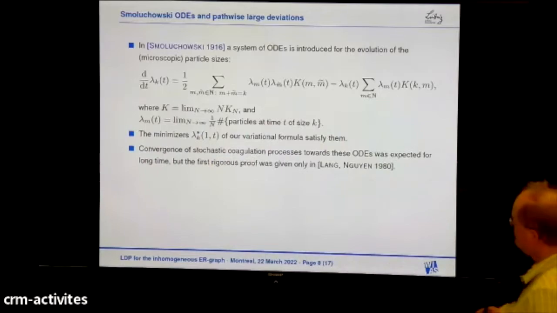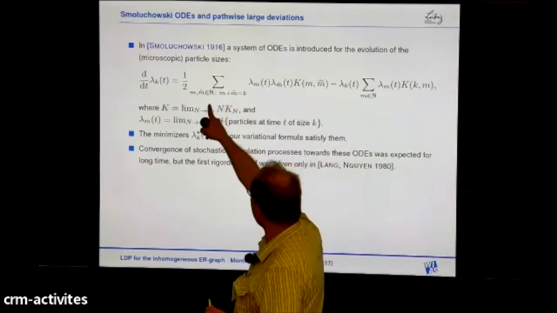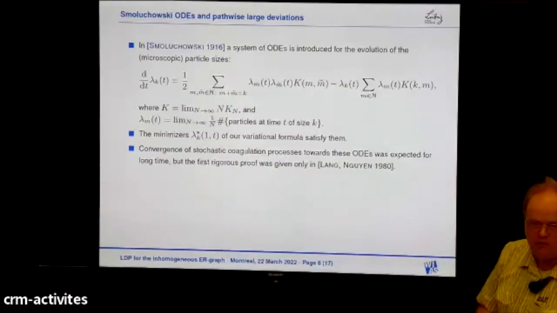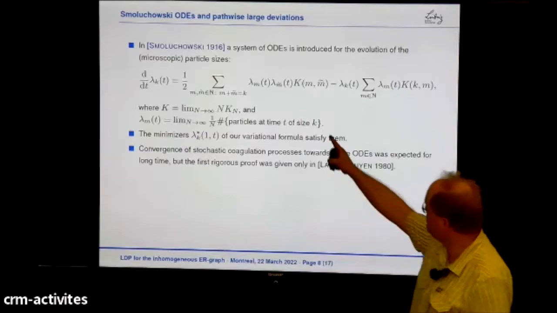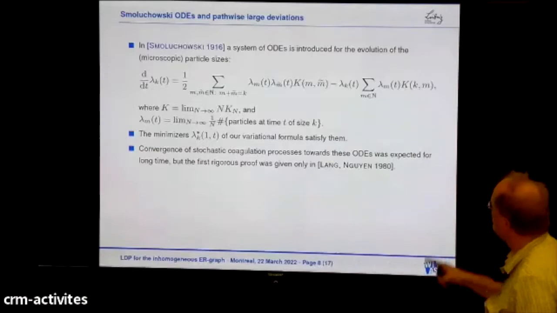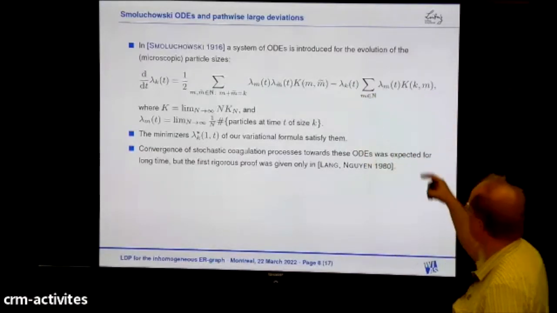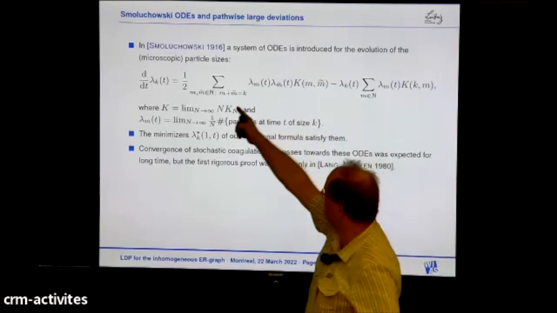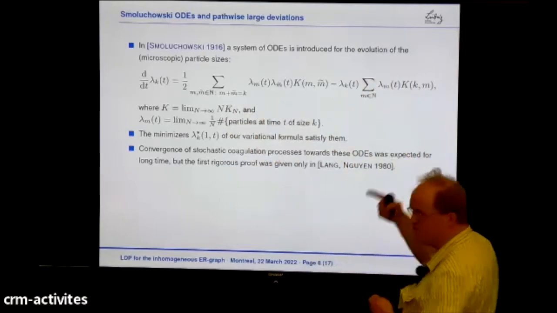So the t derivative is, so here you see that 2 particles join together. You sum over all the possibilities, and this is the rate that they go together. And here you subtract the particles that are going out of the system. I mean, 2 particles are replaced by 1. So this is the 2 particles go together, and these are the two single particles which go out.